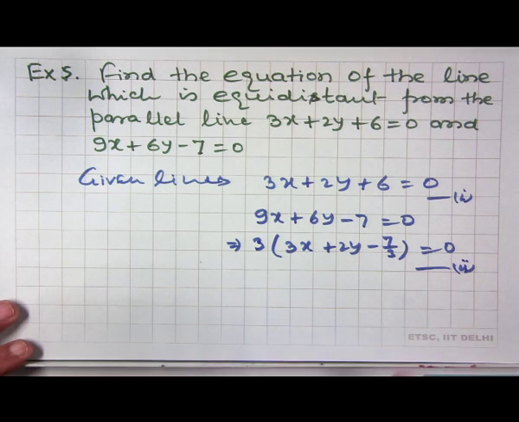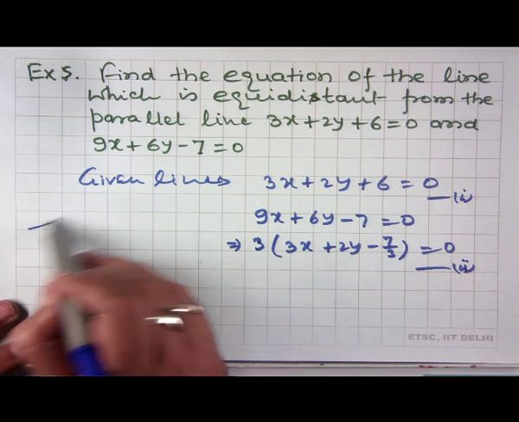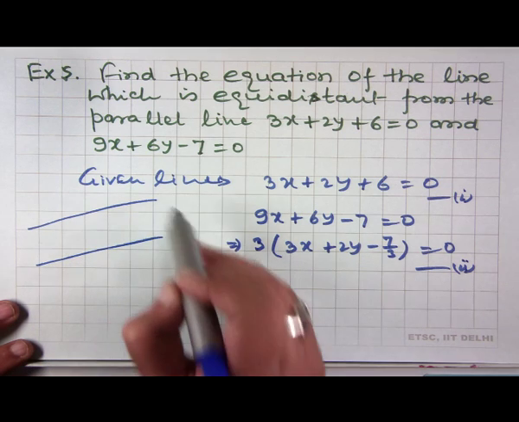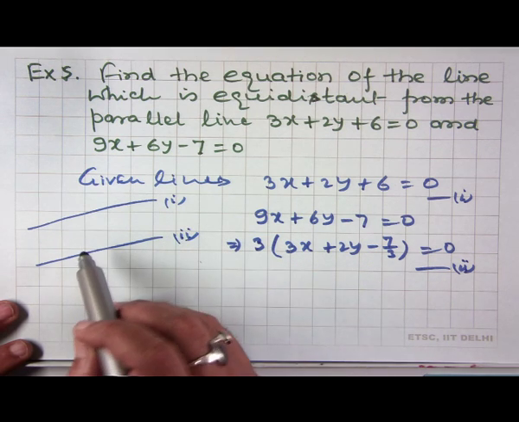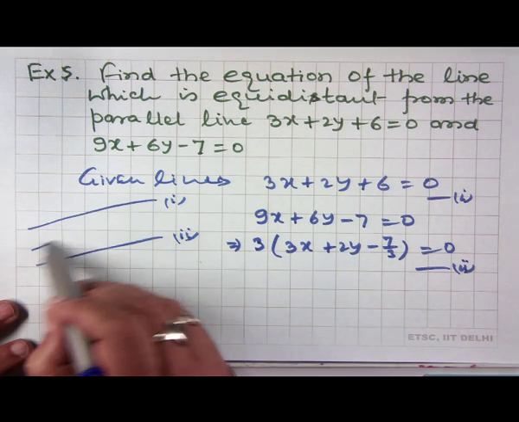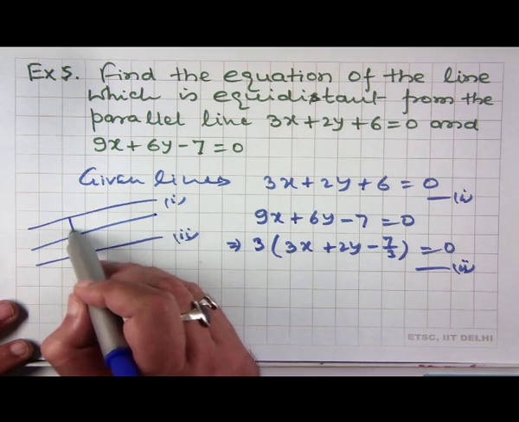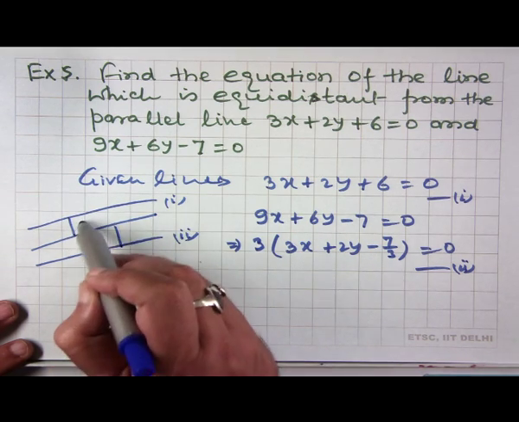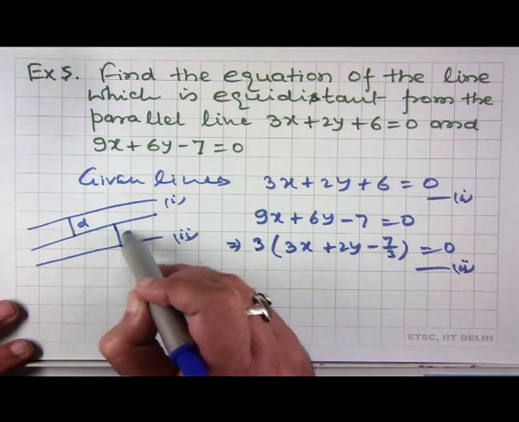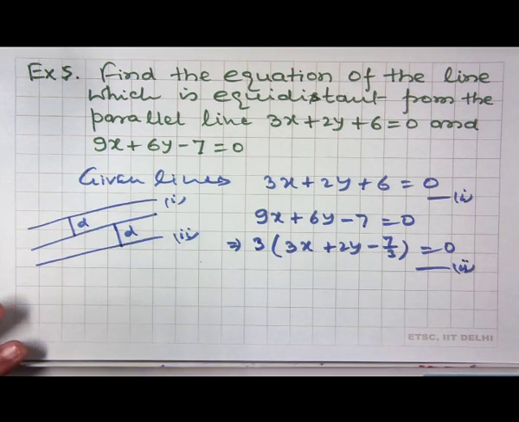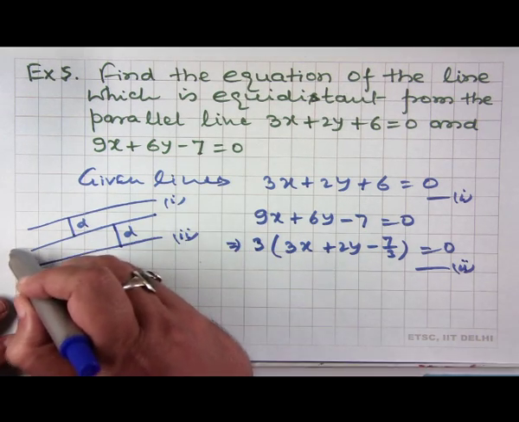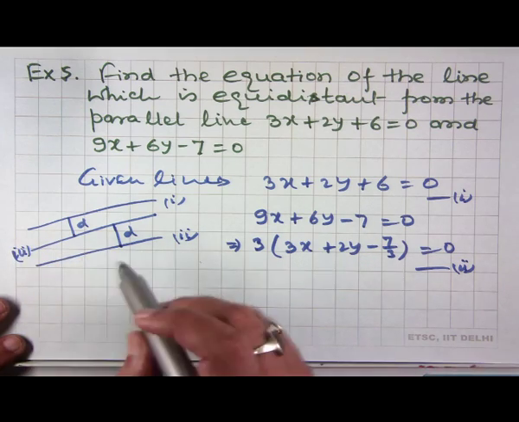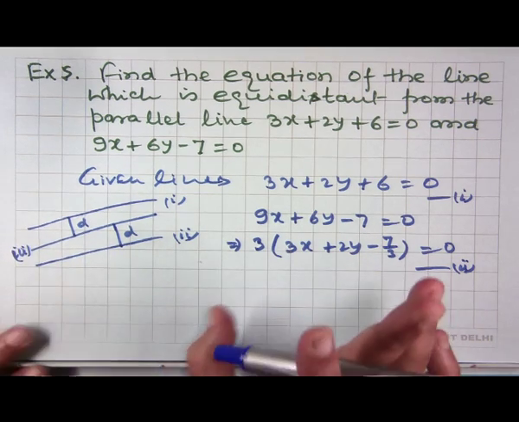Now say this is line 1 and this is line 2. We have to find the equation of the line which is equidistant, meaning if this distance is D, then this is also D. We have to find the equation of this third line.